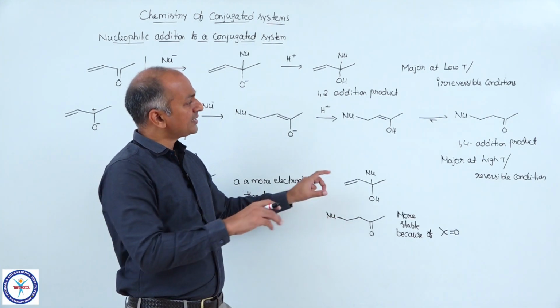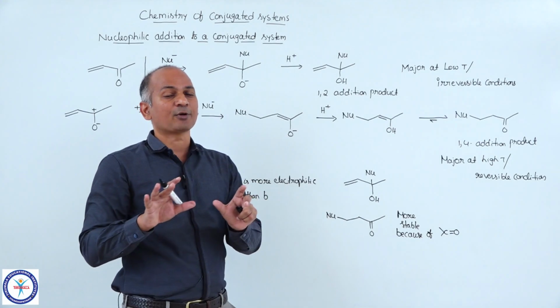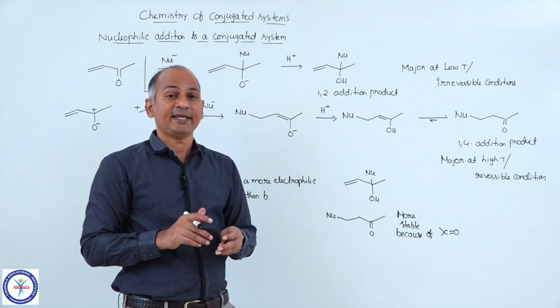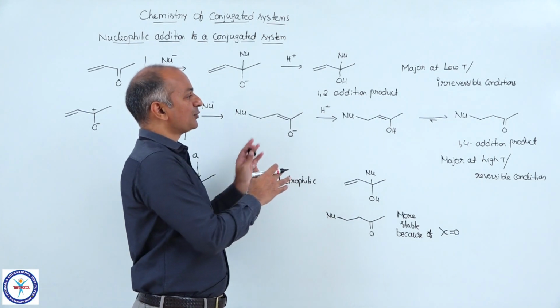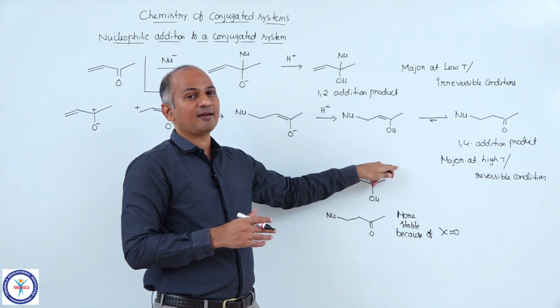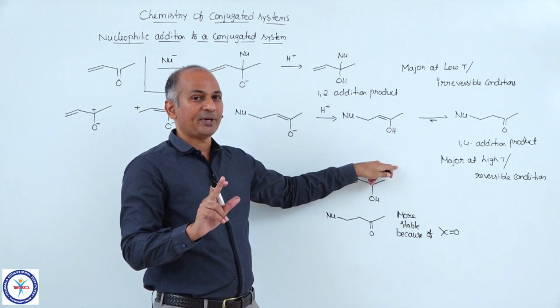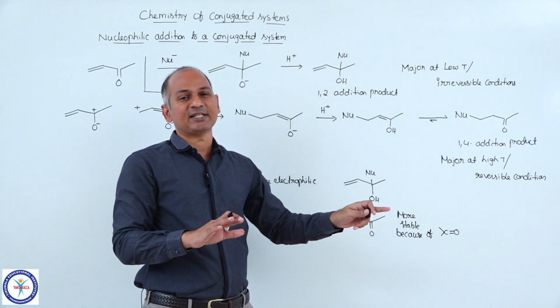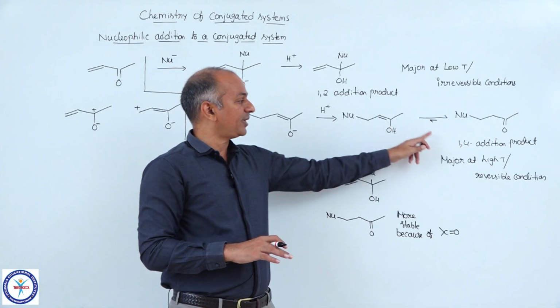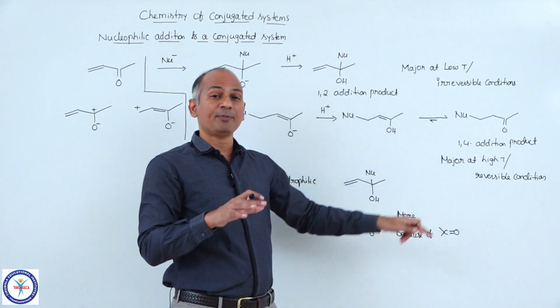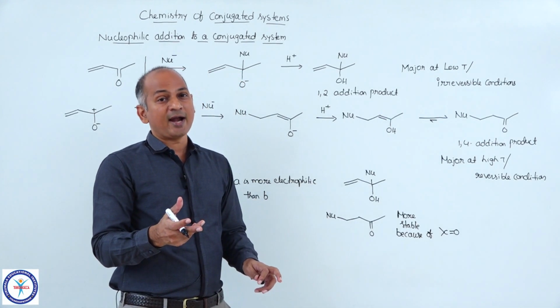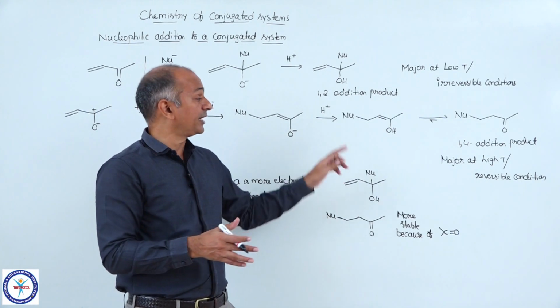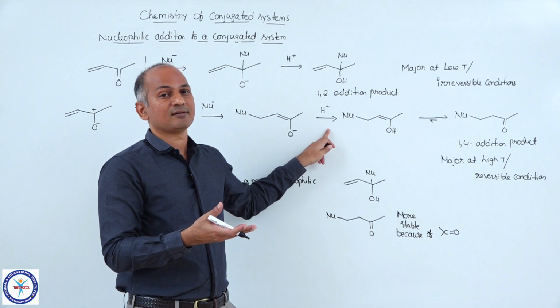So similar to the electrophilic addition to conjugated dienes, even in this reaction two different paths are there. One is the 1,2 addition path, that is kinetically controlled because of lesser activation energy. Another one is the 1,4 addition path, which is called equilibrium control or thermodynamic control, and the product is more stable, but it involves higher activation energy.